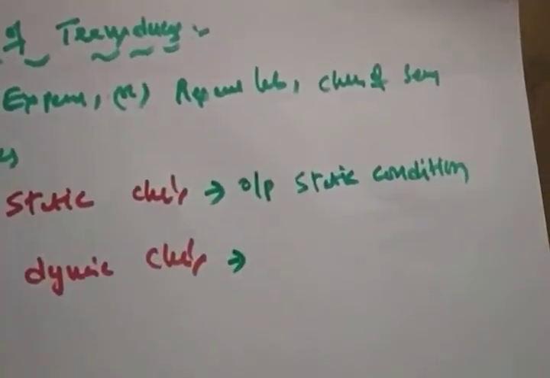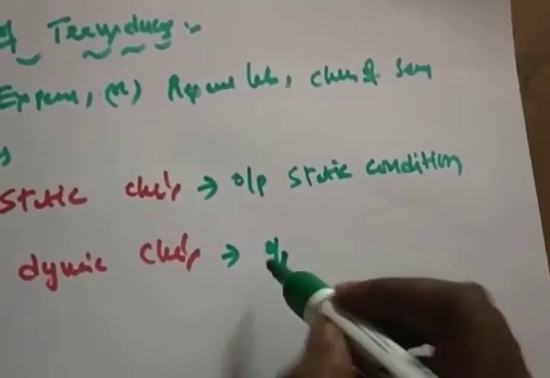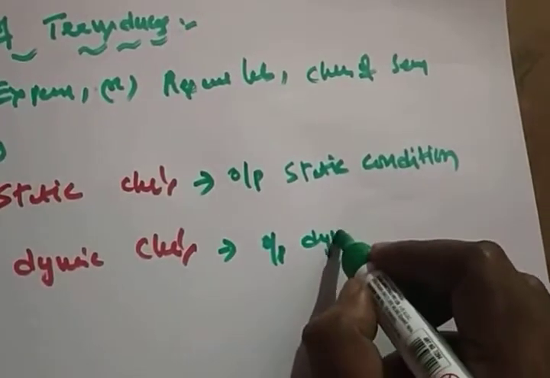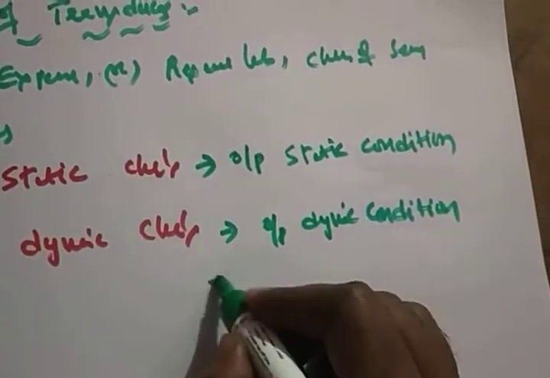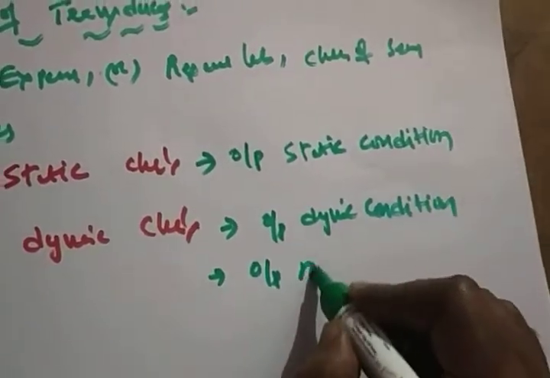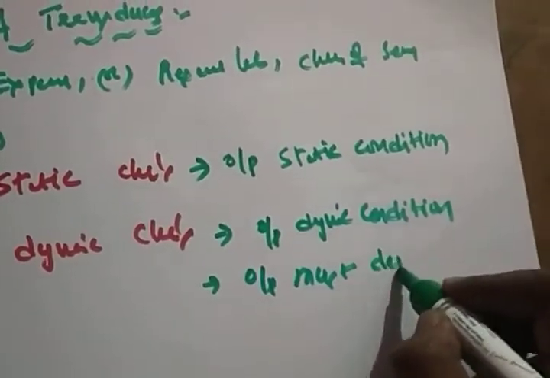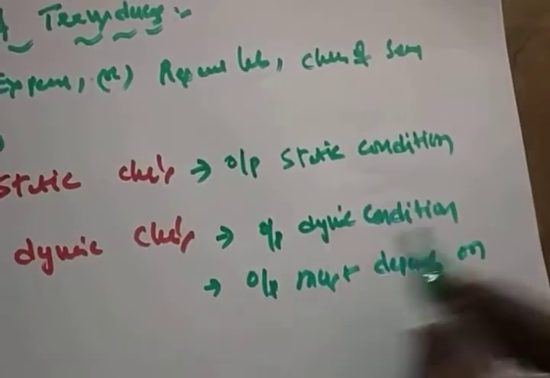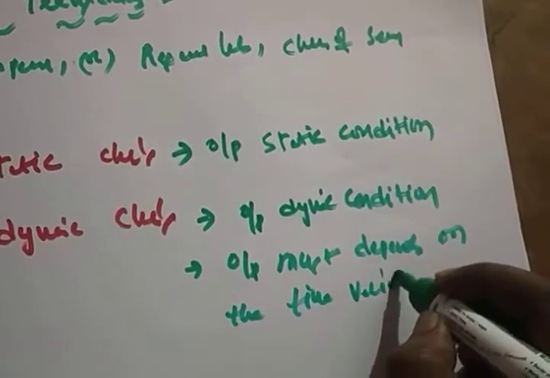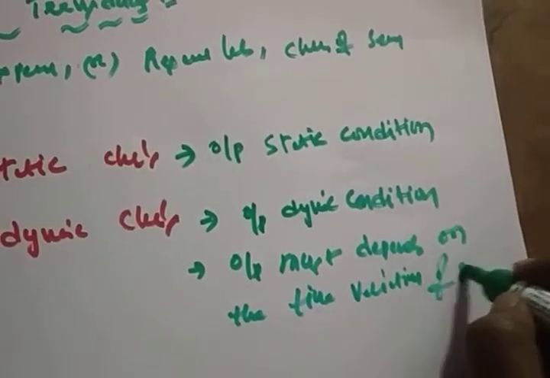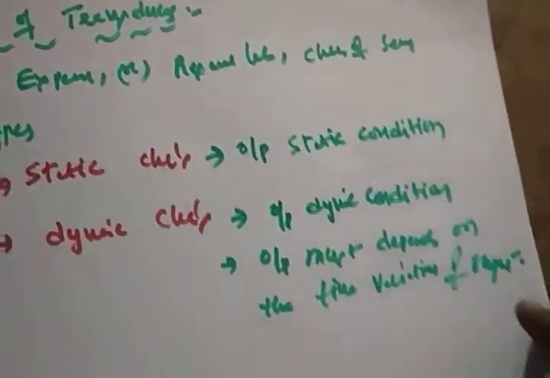Dynamic characteristics mean the output is in a dynamic condition, that is, the output must depend on the time variation of the input. So this is dynamic characteristics.